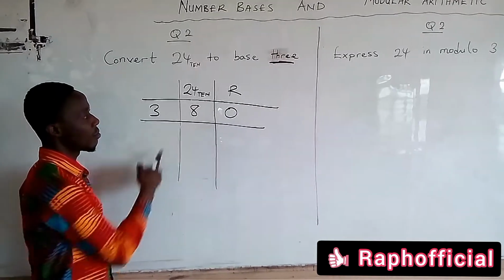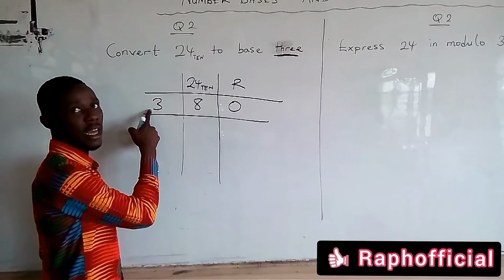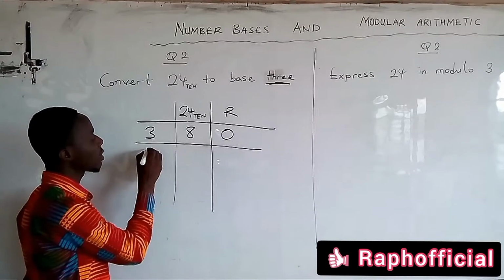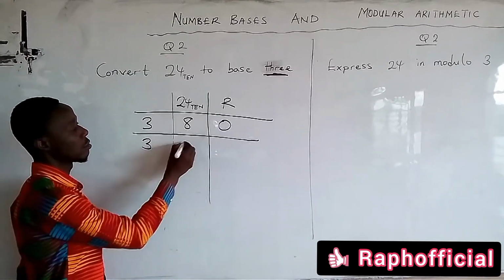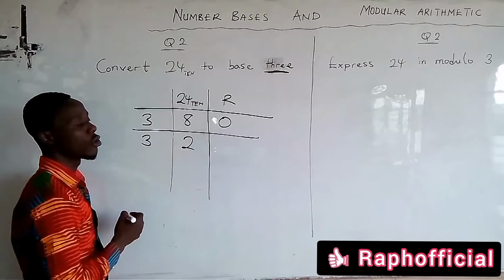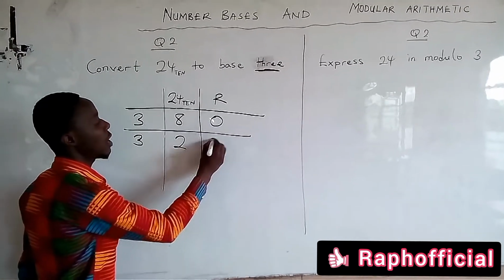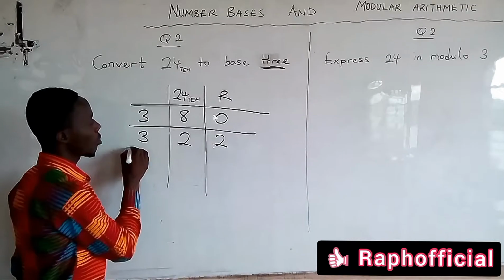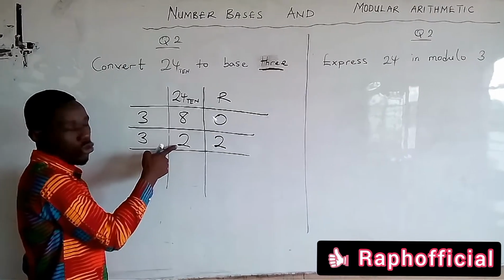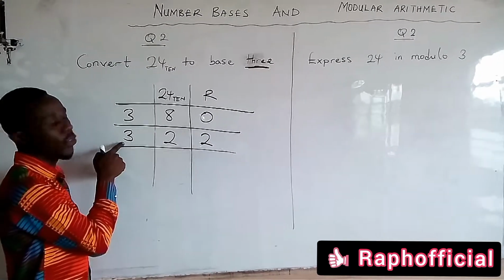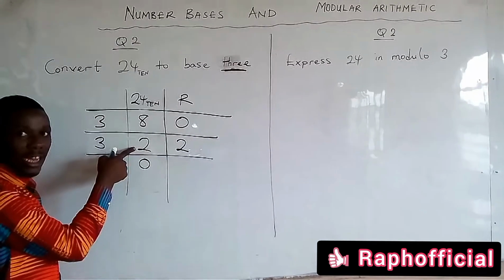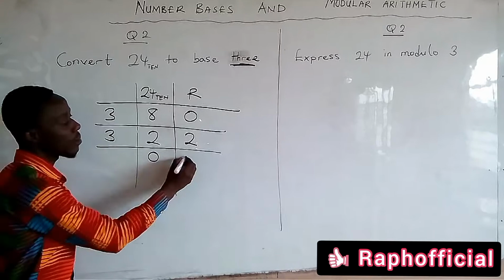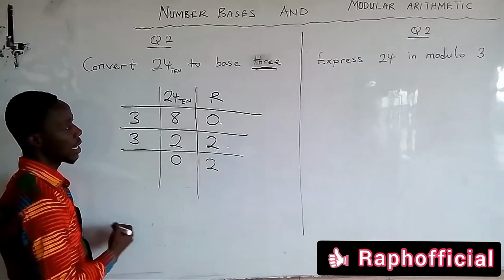But still, 8 is greater than 3. We have to divide again. 3 goes into 8 how many times? 2. Is there any remainder? Yes, remainder 2. Now, 2 is less than 3. Therefore, we write the 0, and the 2 to the left becomes our remainder.